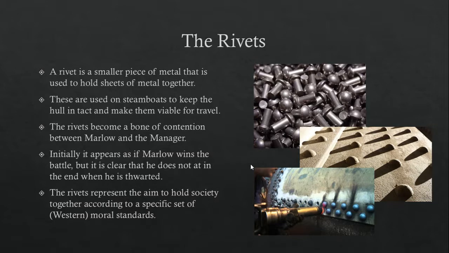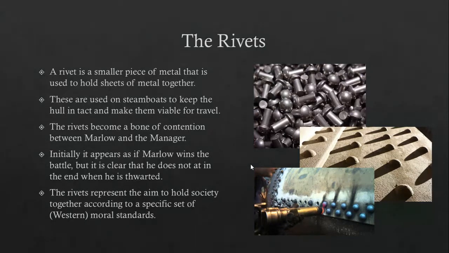And they become quite a bone of contention between Marlow and the manager, because the manager absolutely refuses to spend any more to get these rivets. And Marlow desperately needs them. At one point, it's quite funny because he thinks he wins. But he's thwarted by the arrival of a bunch of pilgrims, because the manager somehow manages to sneak around him and not give them to him.